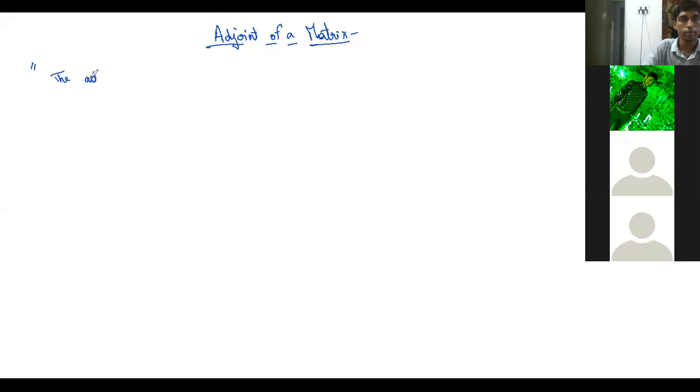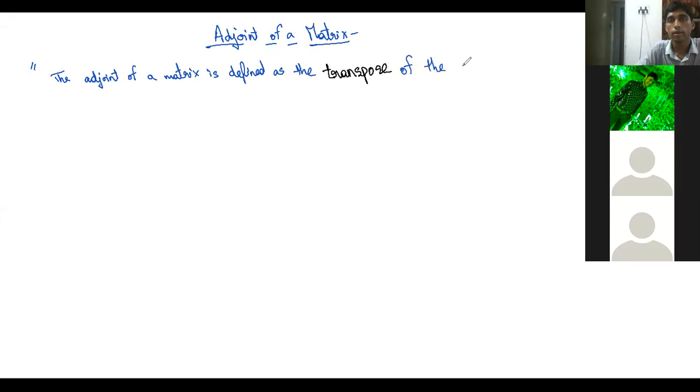The adjoint of a matrix is defined as the transpose of the cofactor matrix. Purposely I'll use a different color so that you don't forget. Luckily, we discussed all this in the last class.